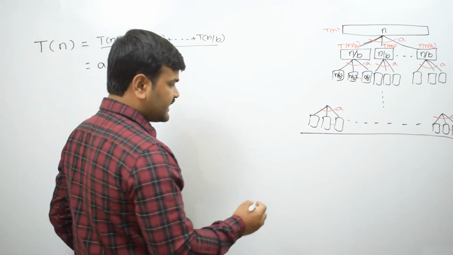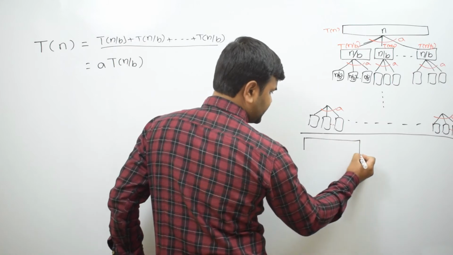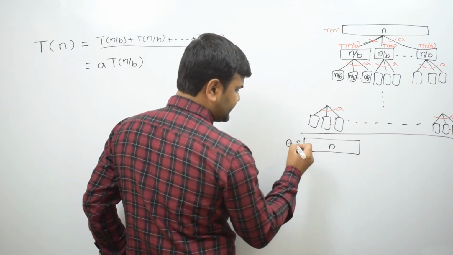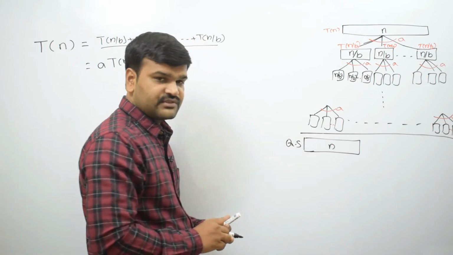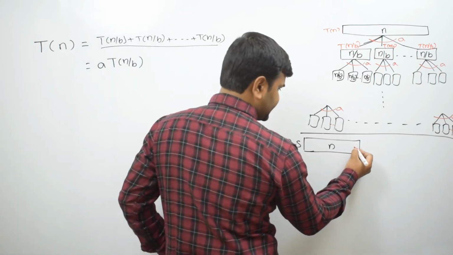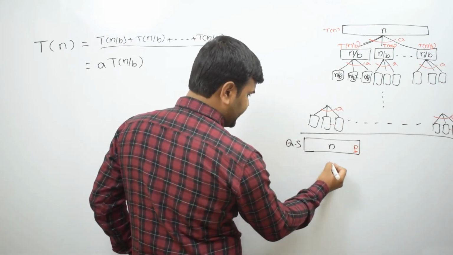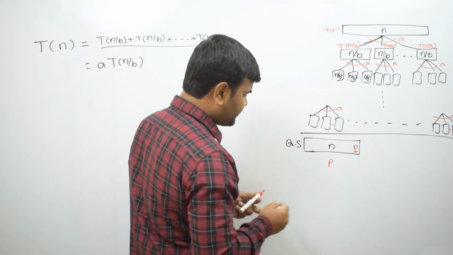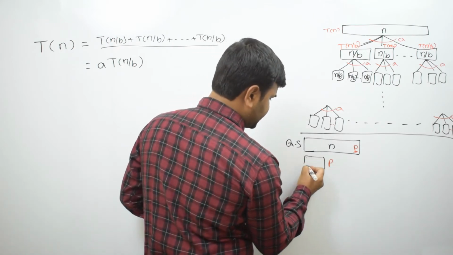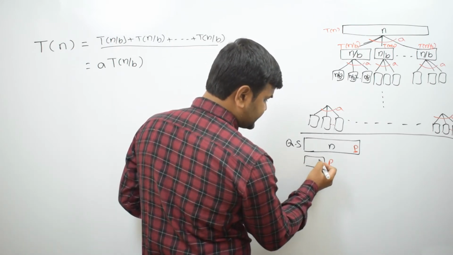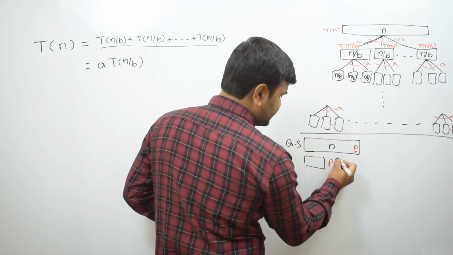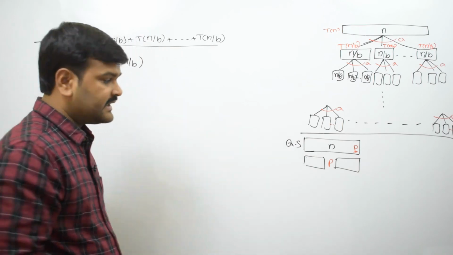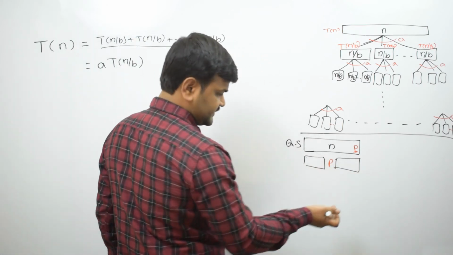If you already know quicksort, for example, given n elements we have to sort. We select a pivot element. Assume it is placed at the middle. So before the pivot element there will be a set of elements all less than the pivot, and after it another set of elements all greater than the pivot.